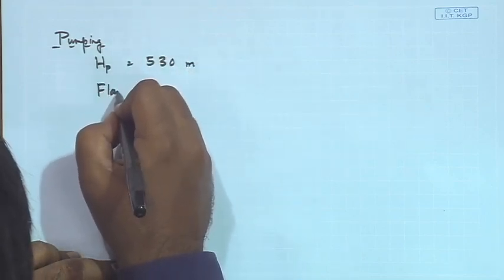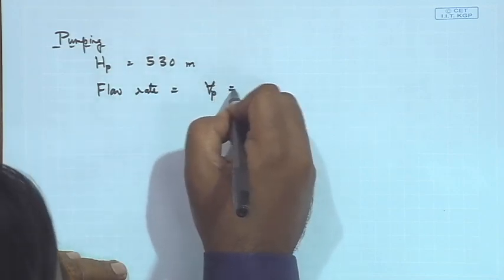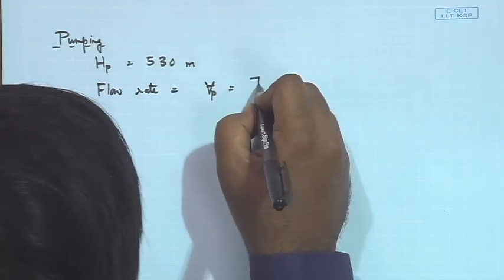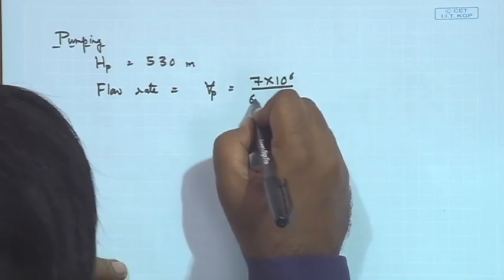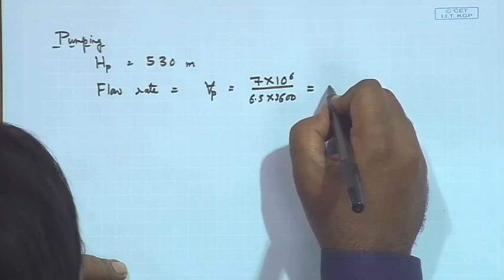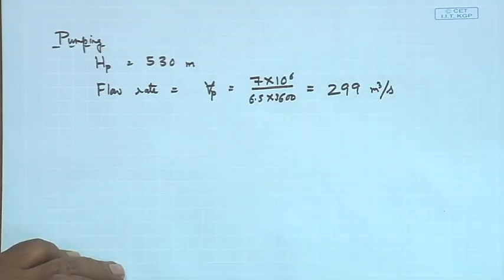And what is the flow rate? This happens over 6.5 hours. So, we will again see the same volume flow rate, 7 into 10 to the power 6 divided by 6.5 into 3600, and that turns out to be 299 meter cube per second, okay.